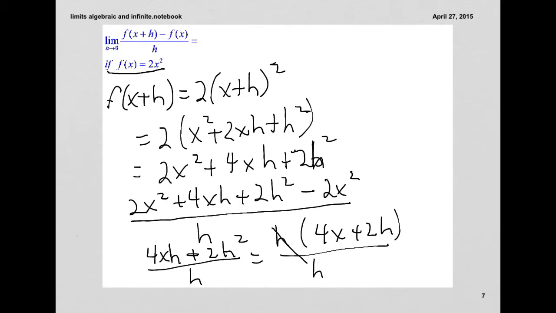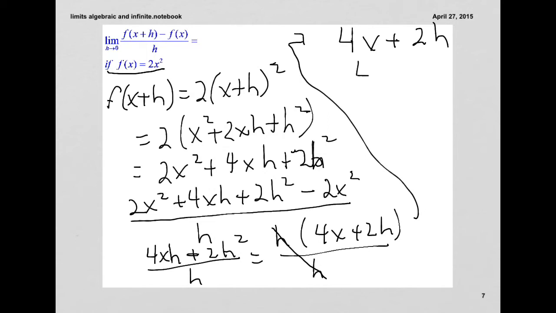Okay, the h's divide out, and that gives me 4x plus 2h. Now I'm going to go ahead and put the 0 in there. So that gives me 4x plus 2 times 0. Well, when I simplify that, that means my answer is 4x.